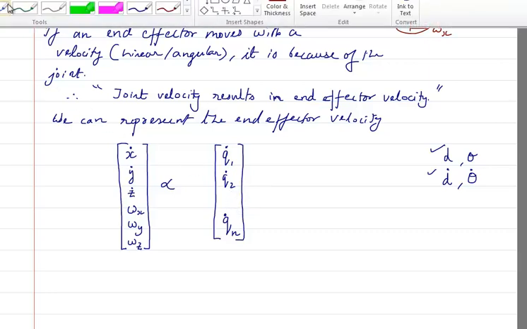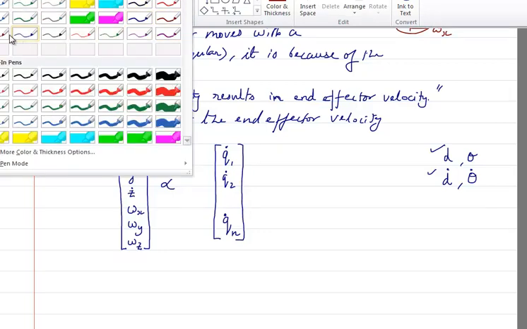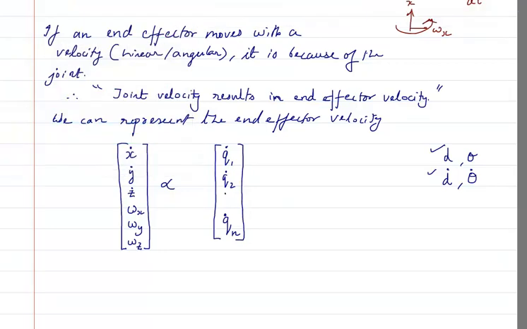If there are 6, then it is q1 dot all the way up to q6 dot. If it's a 3 joint, then we'll just write q1 dot, q2 dot, q3 dot. So this is basically the relation which connects the end effector velocity with the joint velocity.